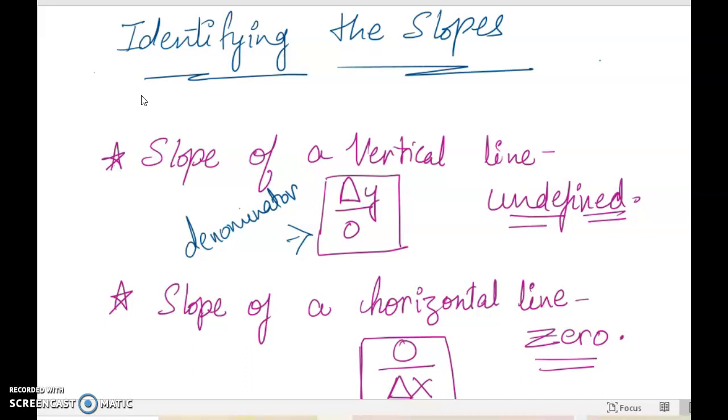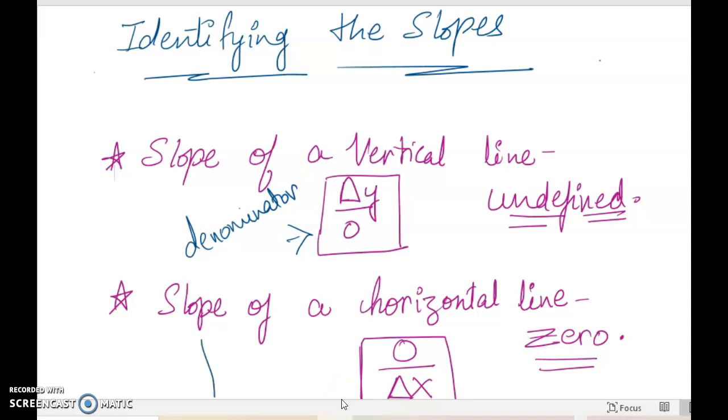On the other hand, the slope of a horizontal line is 0. Why? Because again, the numerator is 0 in this case, but the denominator, change in x, remains the same. So when the numerator is 0, the slope is 0, and that is the slope of a horizontal line.